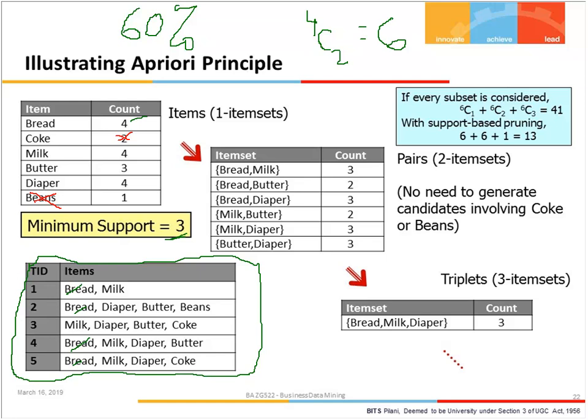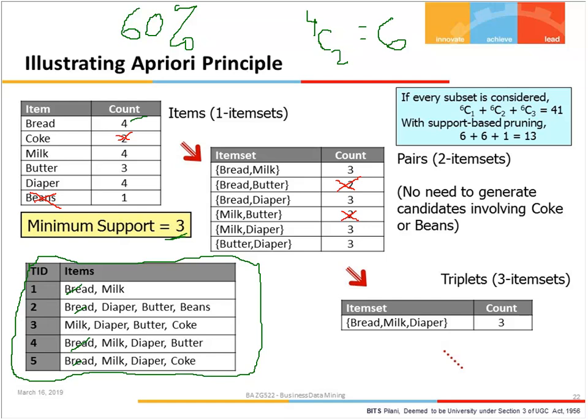Now we have to evaluate the support for each one of them, and what we recognize is that this is infrequent and this is infrequent. So now we have got 4 frequent 2-item sets: milk bread, diaper milk, diaper butter.